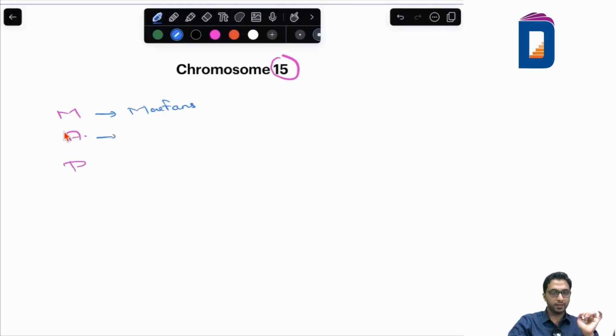Those who have not learned, don't worry. Two lesions only, I think, we studied in genomic imprinting. Two diseases. What are they? Parvati, Manju, I hope you were there, for general pathology. Revision is the key.